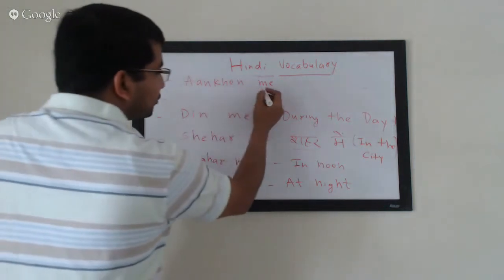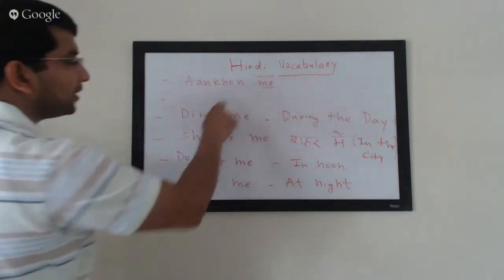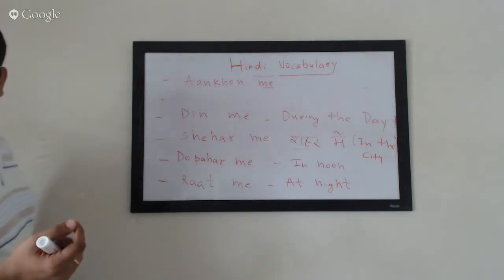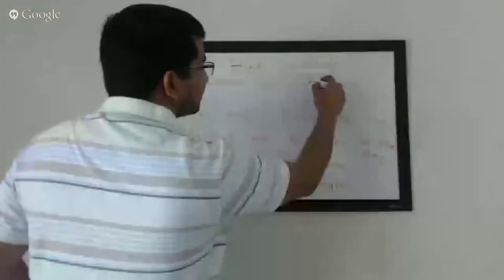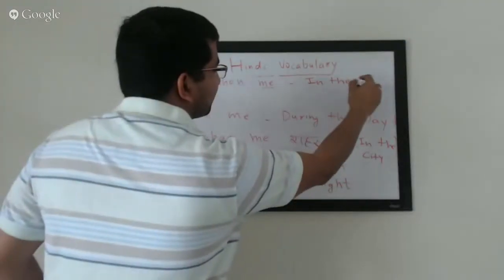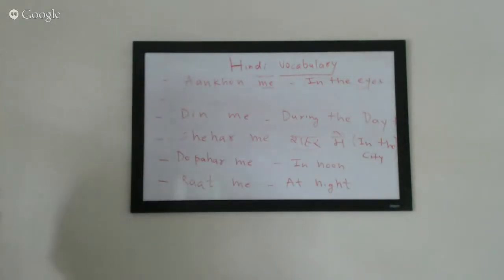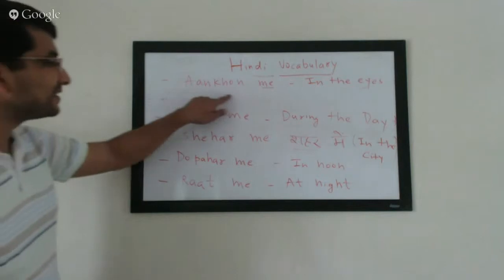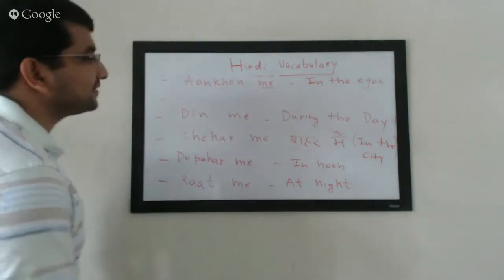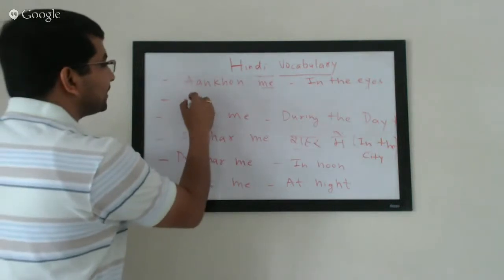However, when you're using the postposition, aankhein becomes aankhon. We use the oblique case here, right? So that's when you say aankhon mein, right? In the eyes. And again, if you go back to the song, you will see that they're using this aankhon mein as well, in the eyes. And the last one which I have is galiyon mein.